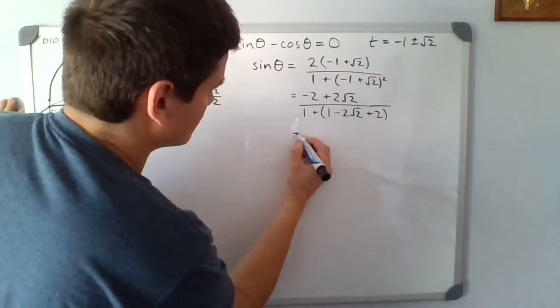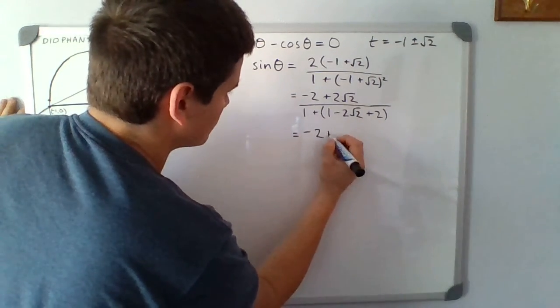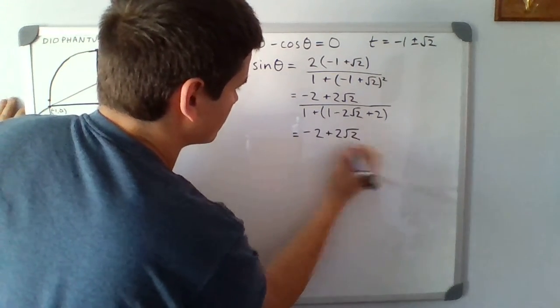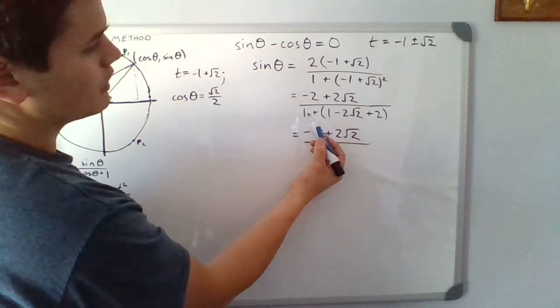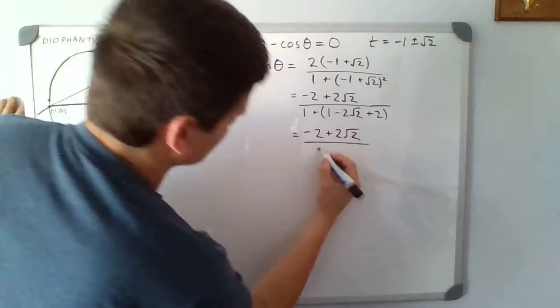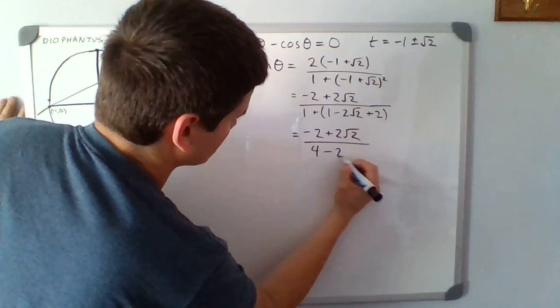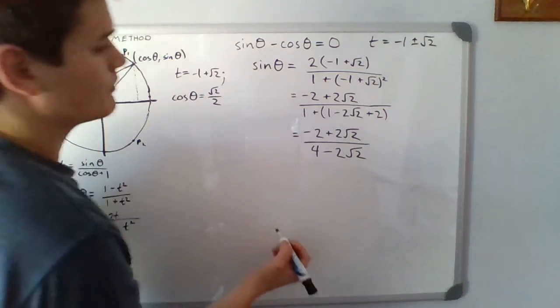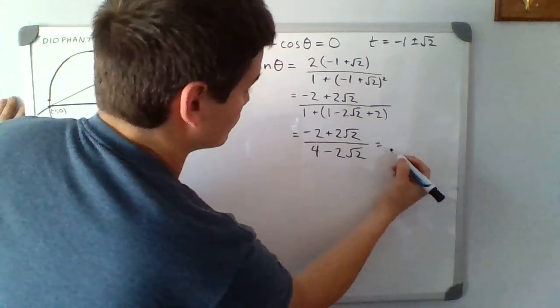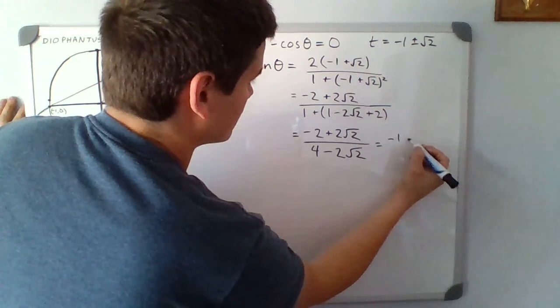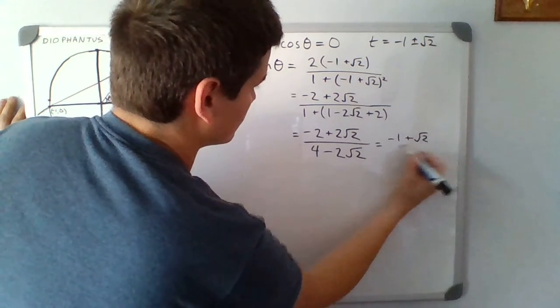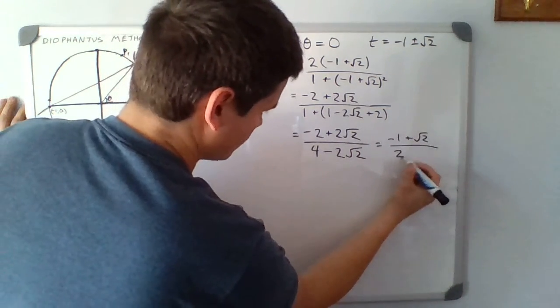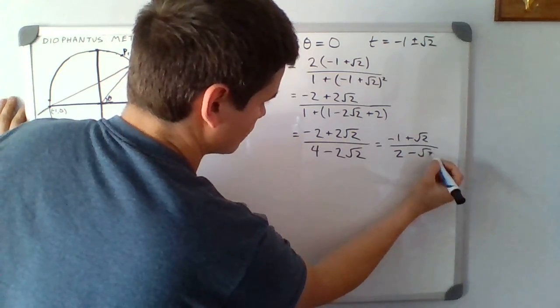Alright, and now that's -2 plus 2 times the square root of 2 divided by 4 minus 2 times the square root of 2. I can factor out a 2, and I get -1 plus the square root of 2 divided by 2 minus the square root of 2.